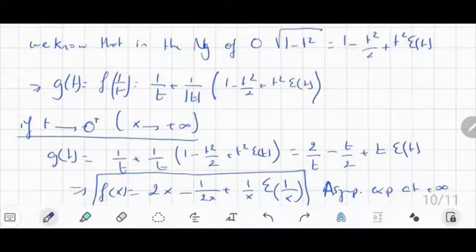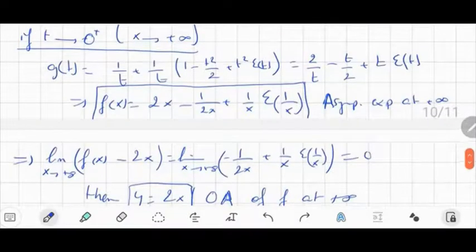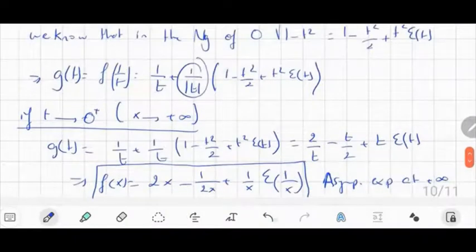So I need one non-zero order in t, not in 1 over t, in t, that will give me the first non-zero term in 1 over x to the power something, which will give me the position. This is why I chose t squared, because it was divided by t. So to go to the first non-zero order in t, I would be obliged to go to t squared, so when I divide by t, I will have t.